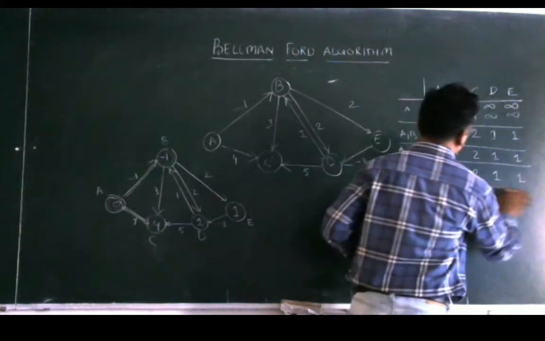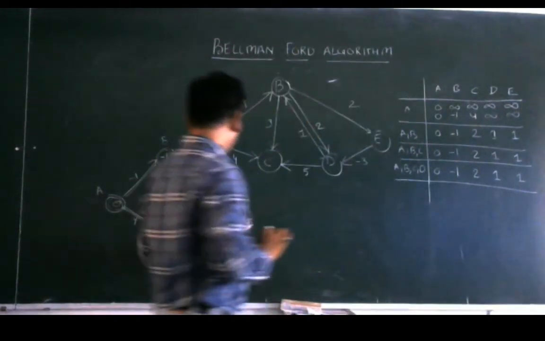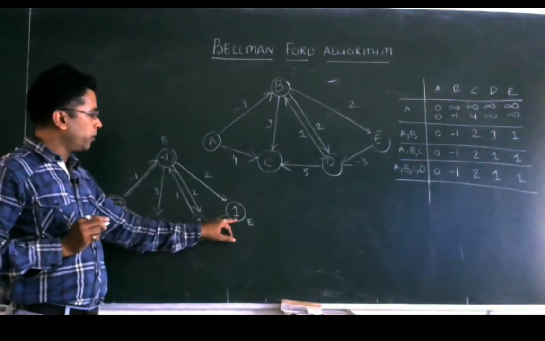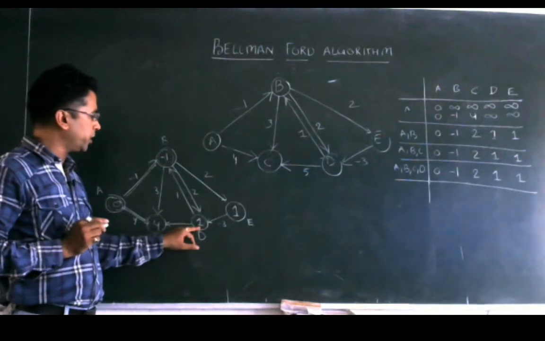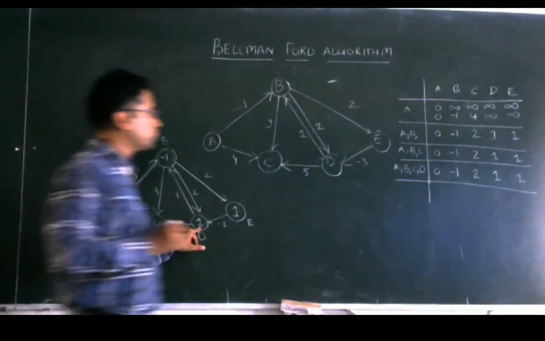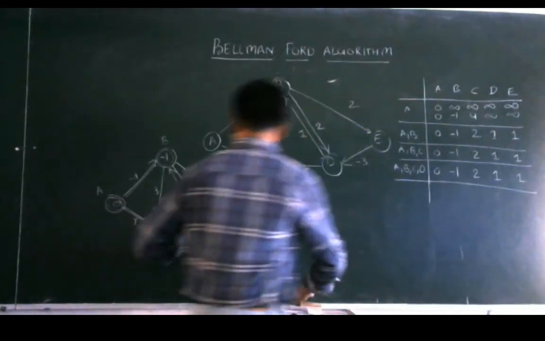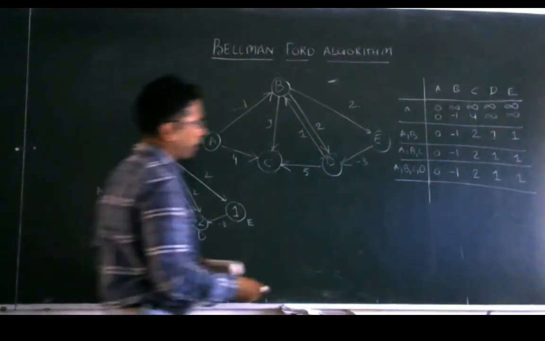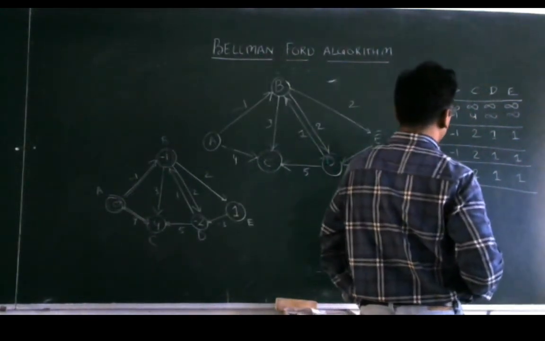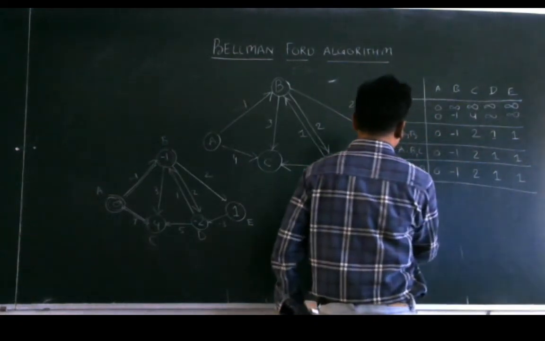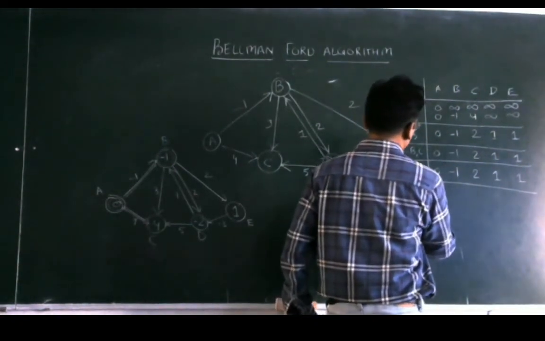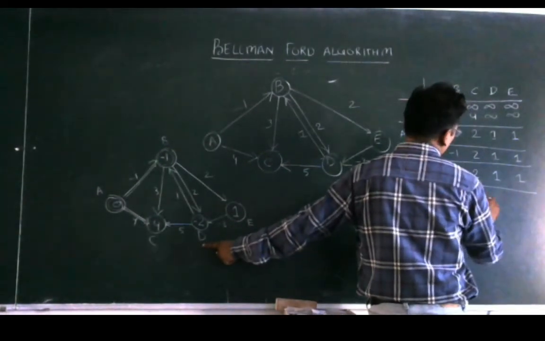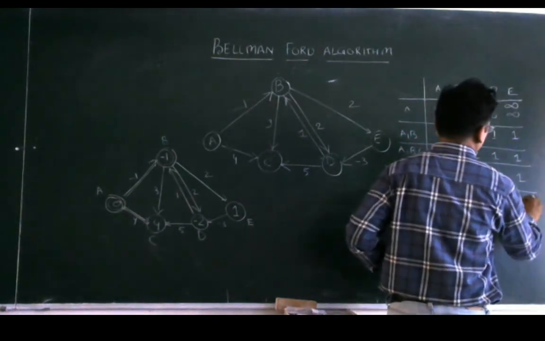Now the last node we are left with is node E, and with the help of this node, value 1, there is one outgoing edge which relaxes this node: 1 minus 3 is equal to minus 2. So this node will relax to a value of minus 2. So A, B, C, D, E: 0, minus 1, 2, and the node that has been relaxed is D, so minus 2, and 1.